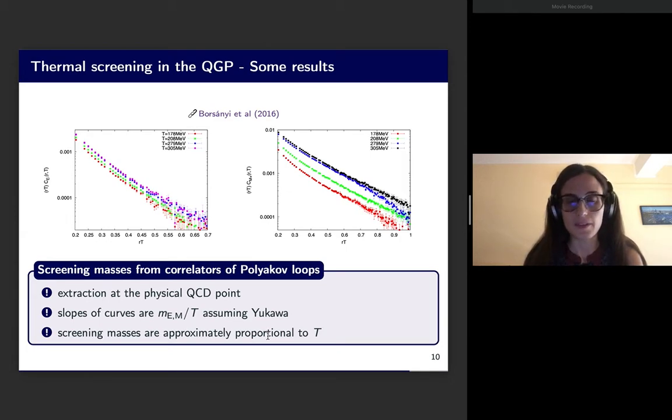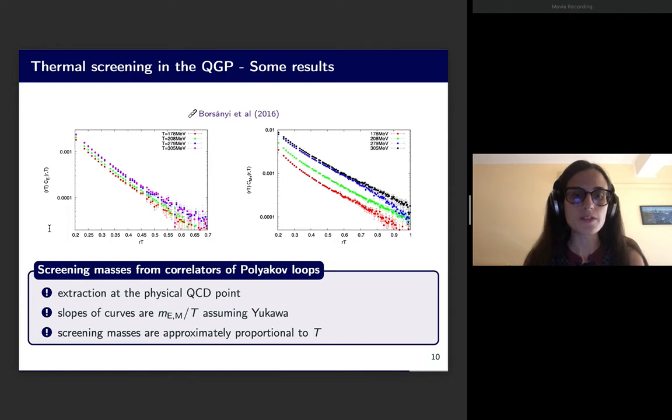These have been extracted at the physical QCD point, and you can look at these two plots where you have either the electric or the magnetic correlator as a function of the distance multiplied by T. In this way of plotting the correlators, especially because the logarithmic scale has been chosen for the y-axis, one can read out the electric and magnetic screening masses over T from the slopes of the curves, assuming a Yukawa kind of trend.